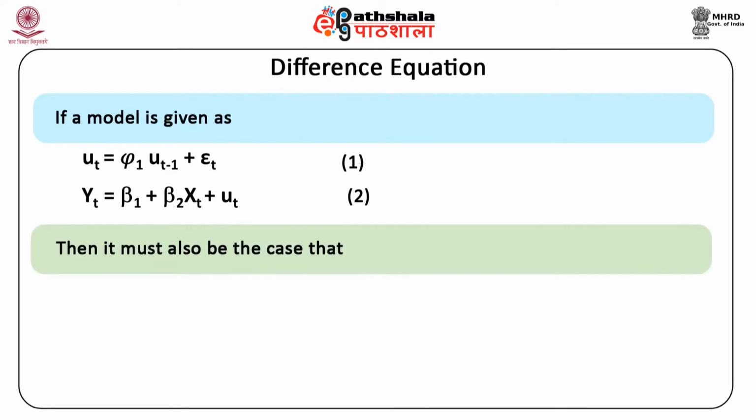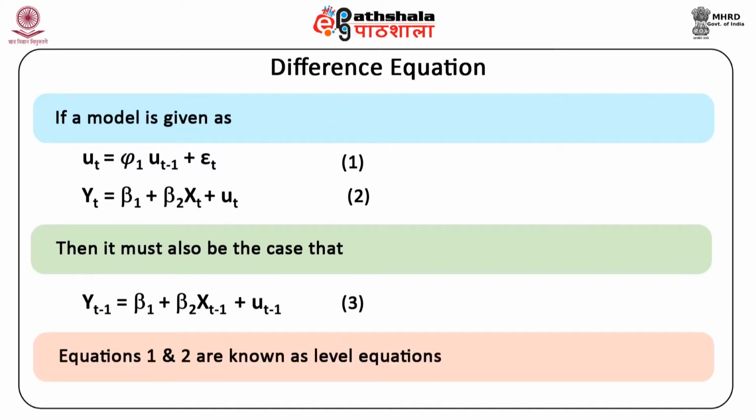Then it must also be the case that yt minus 1 is equal to beta 1 plus beta 2 xt minus 1 plus ut minus 1, equation 3. Equation 1 and 2 are known as level equations.